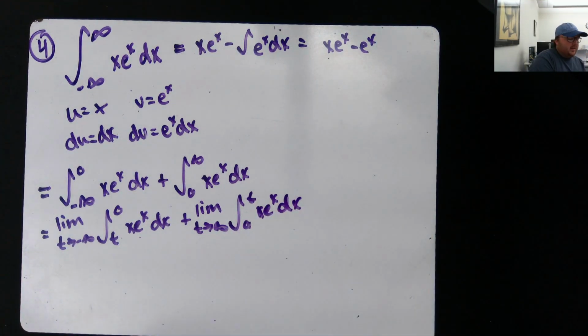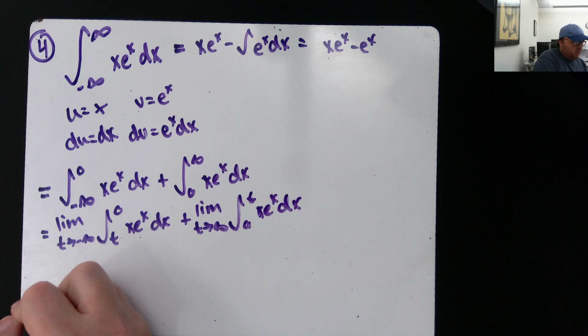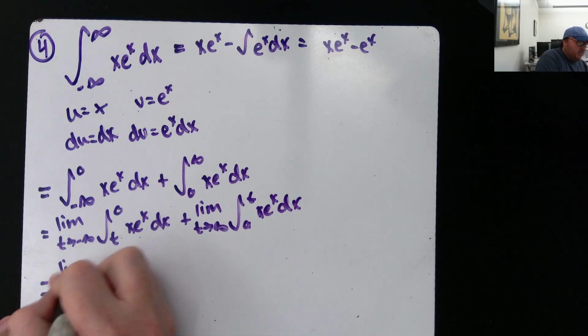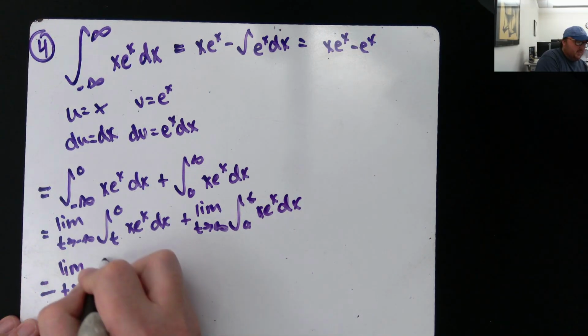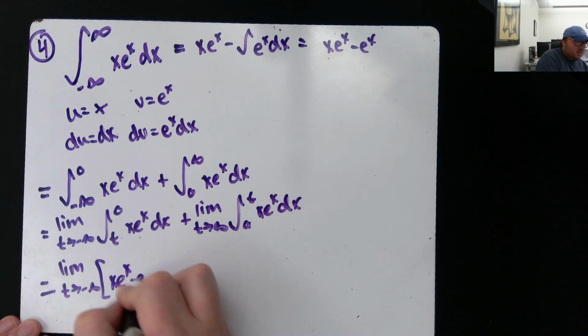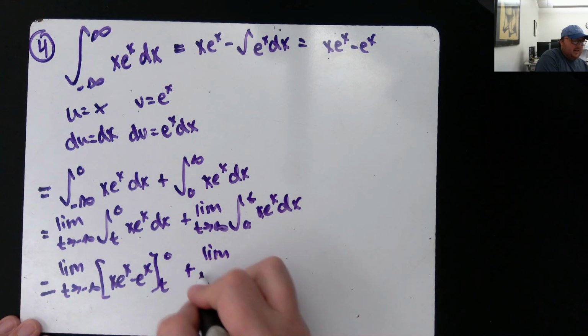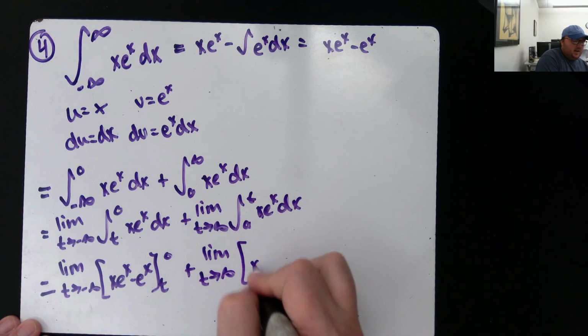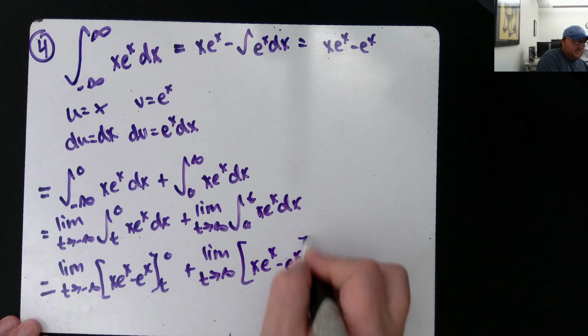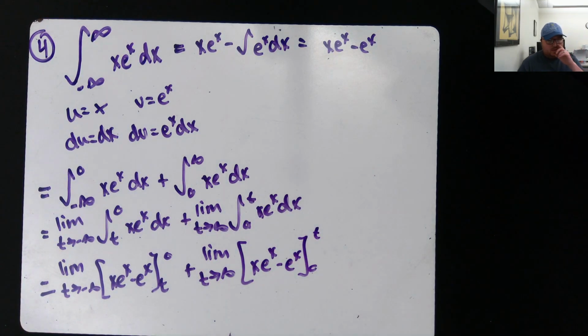We already did the antiderivative, so let's plug those in. The limit as t goes to negative infinity of x e to the x minus e to the x from t to 0, plus the limit as t goes to infinity of x e to the x minus e to the x from 0 to t.